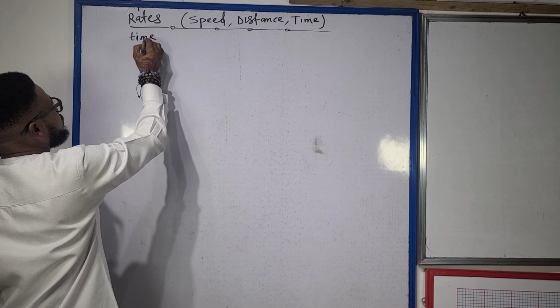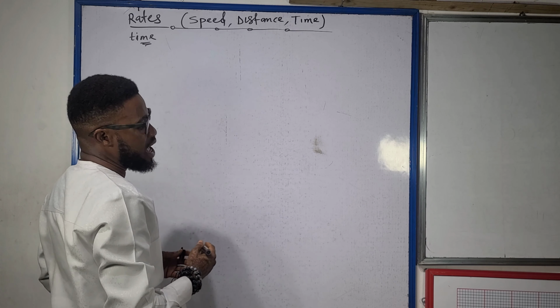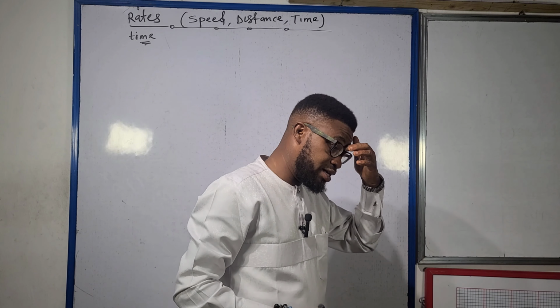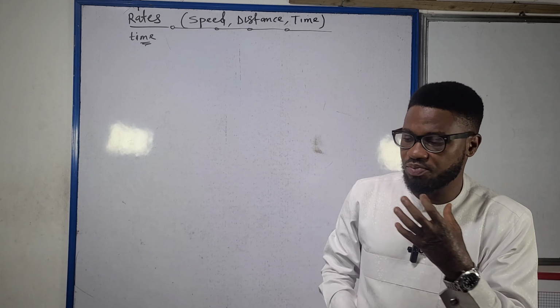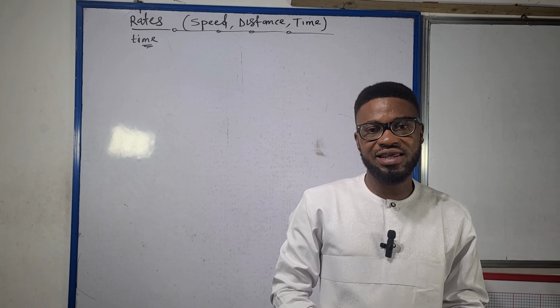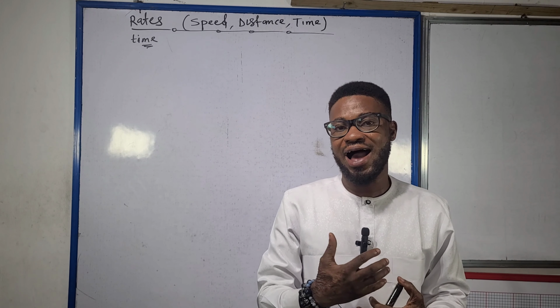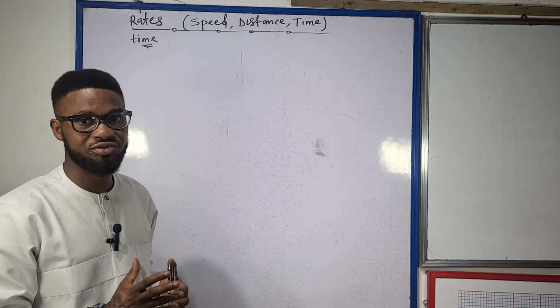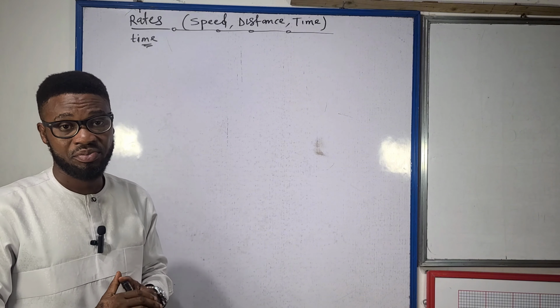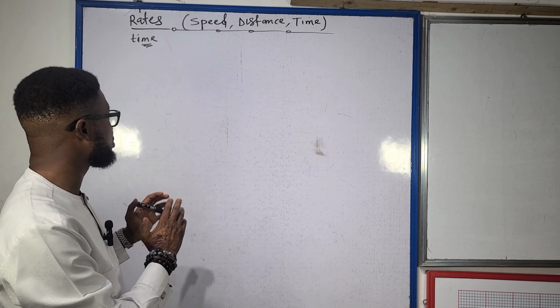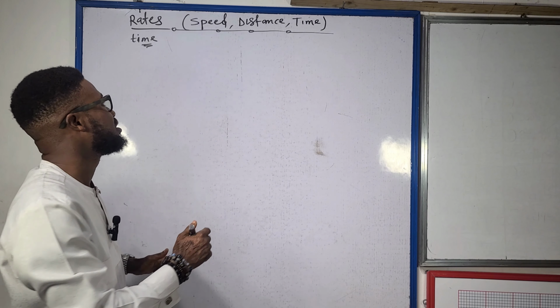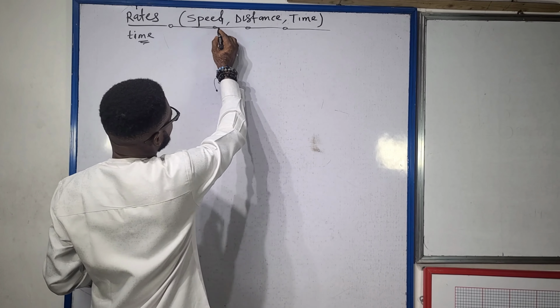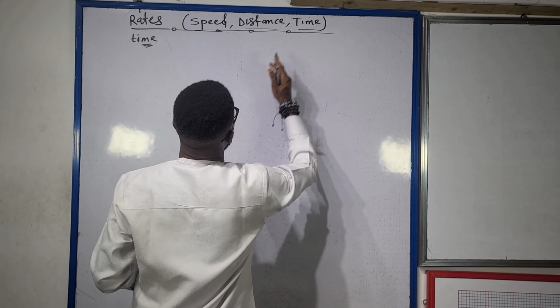Time is involved when you talk about rate. And when we say rate as a topic, it simply means we are comparing a certain quantity as against time. The best way to understand rate in mathematics is to deal in speed, distance, and time.